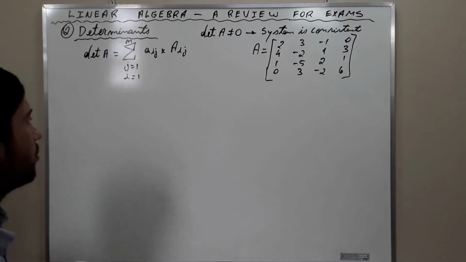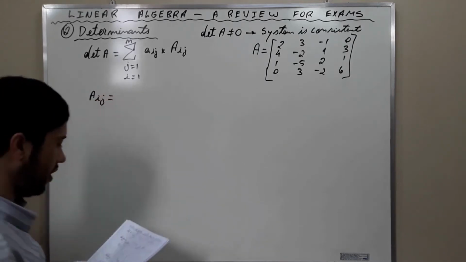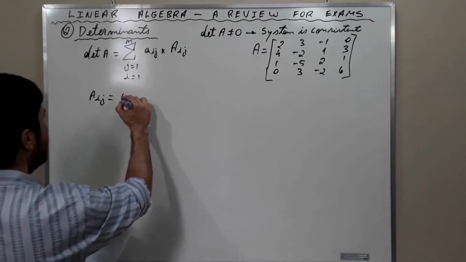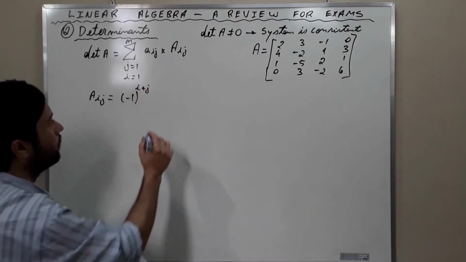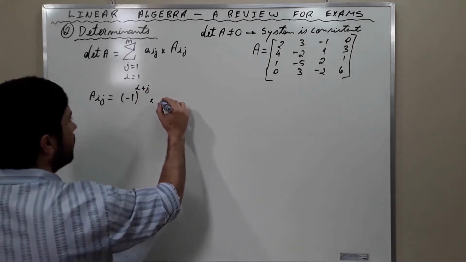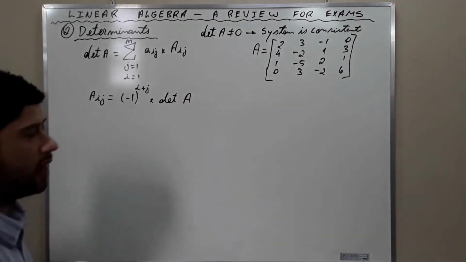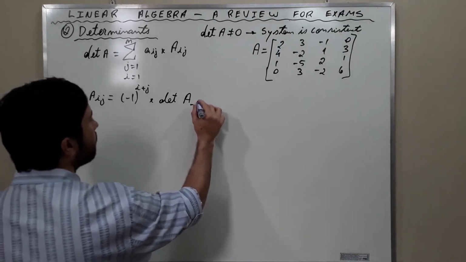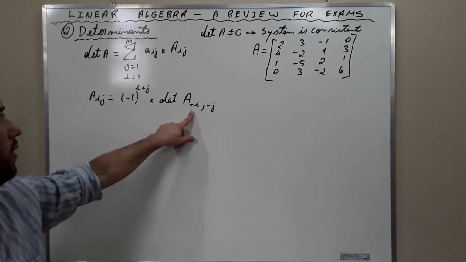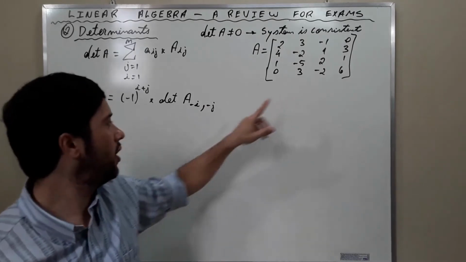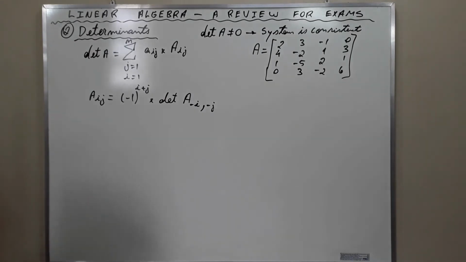And what is a cofactor? The cofactor Aij is equal to -1 raised to the power of i plus j times the determinant of the matrix that you obtain by removing row i from the original matrix and column j from the original matrix.